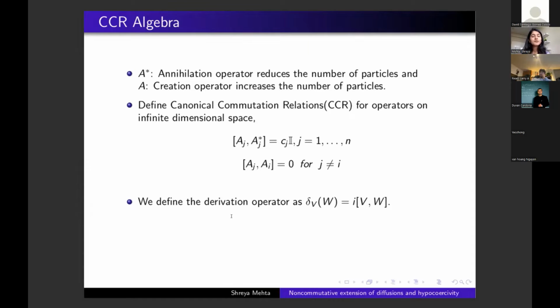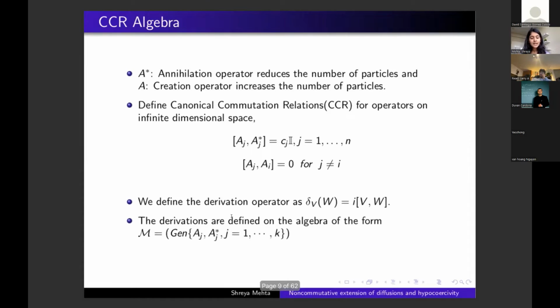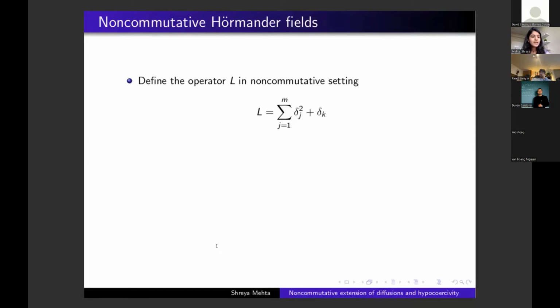So now we are moving from the spaces which have the fields x_j to the derivations delta x_j, defined on the algebra generated by these creation and annihilation operators. In the non-commutative setting, we can define the operator L to be the sum of the squares of the derivations and some linear term.